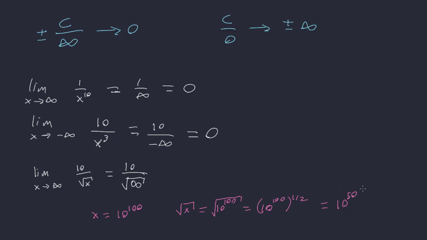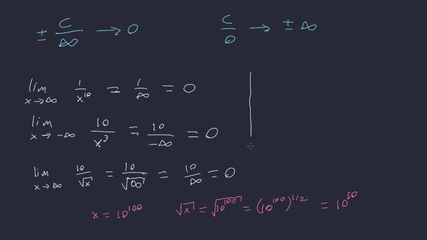So this is still an extremely large number, right? This is 1 with 50 zeros. So it's still going to infinity, just maybe not as fast as x or x squared or anything like that, but square root of x still goes to infinity as x does. So this will still be 10 over infinity, which will be 0.